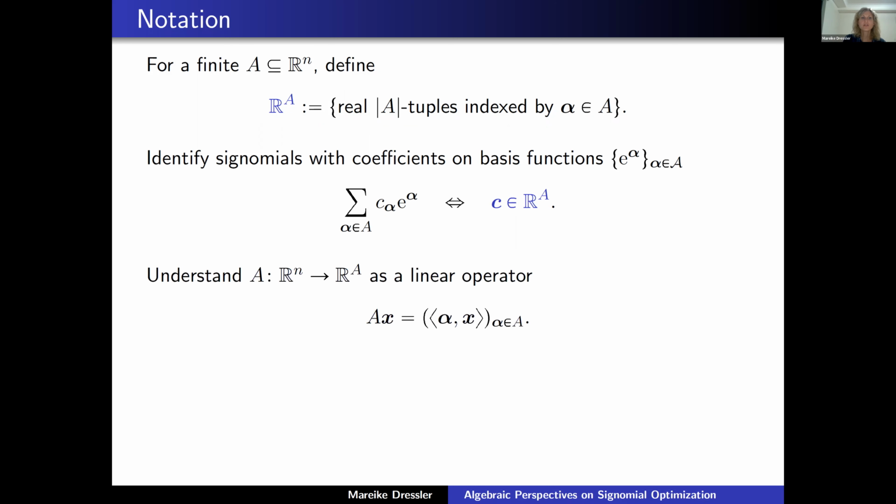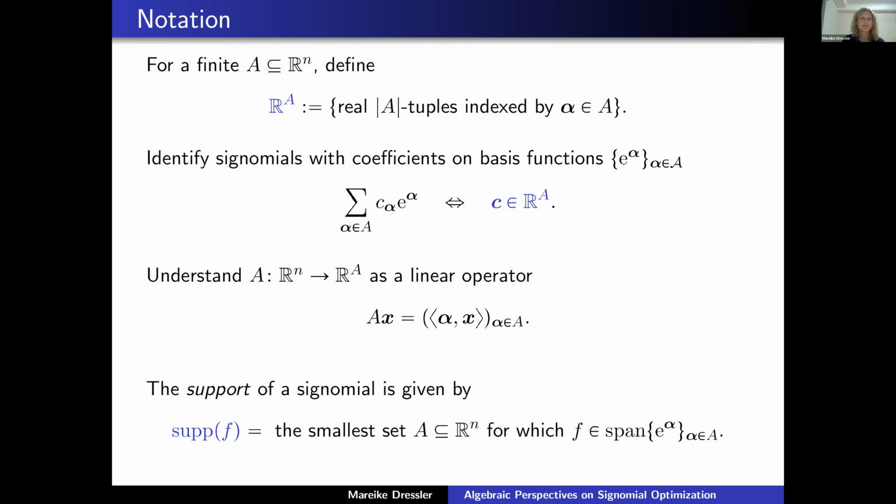And in what follows, this A, we often understand it as a linear operator that takes these values here. And when thinking of A as a linear operator, we can effectively regard it as a matrix with rows sorted according to the lexicographic order on R to the n.